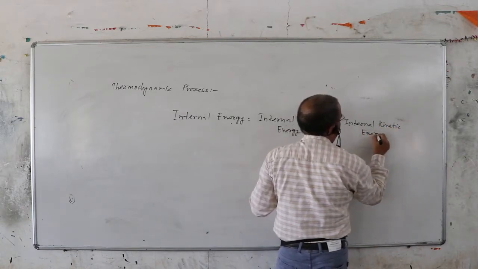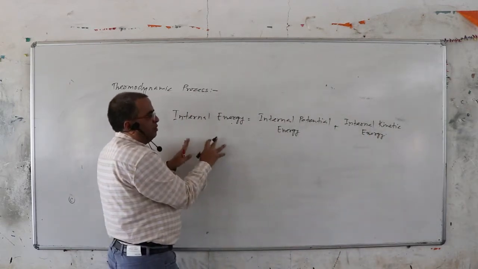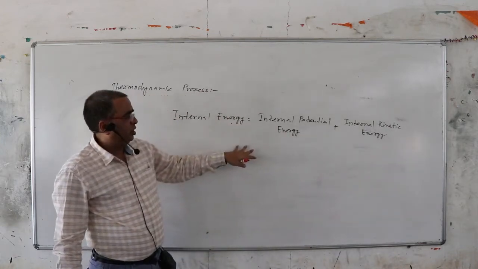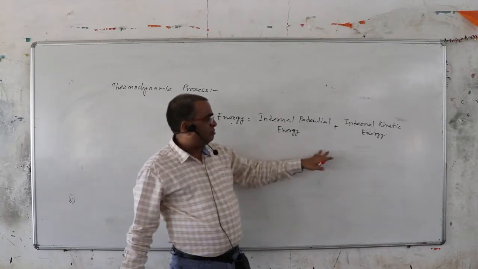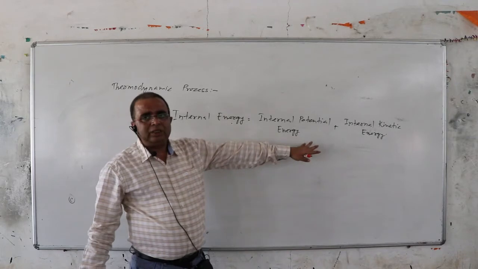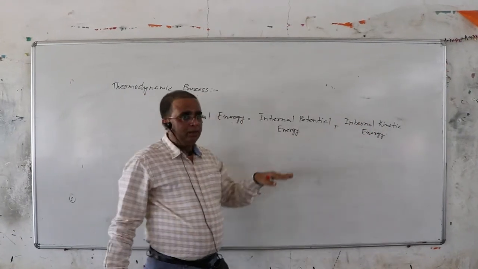The internal potential energy is the potential energy of the system of particles, the molecules or atoms, and the second, the internal kinetic energy, is the energy by virtue of motion of the particles of the gas.